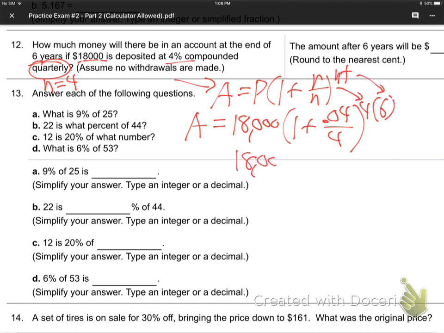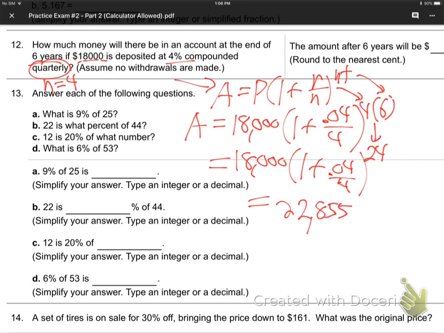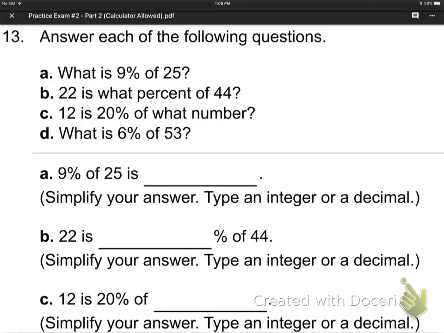So that's 18,000 times (1 plus 0.04 over 4) to the 24. Just make that power 24. Hit the buttons on your calculator. I'm getting 22,855.22.